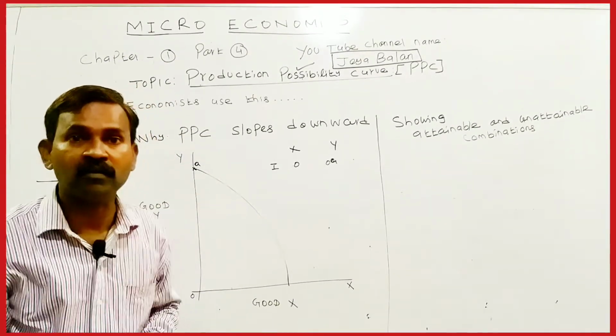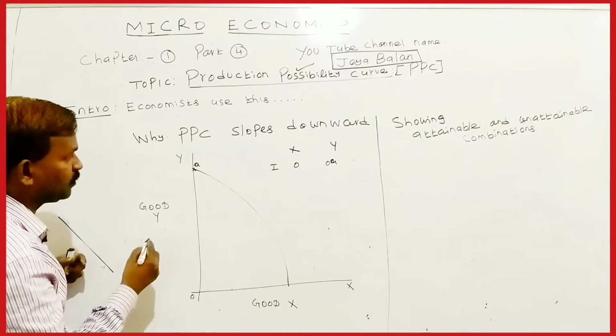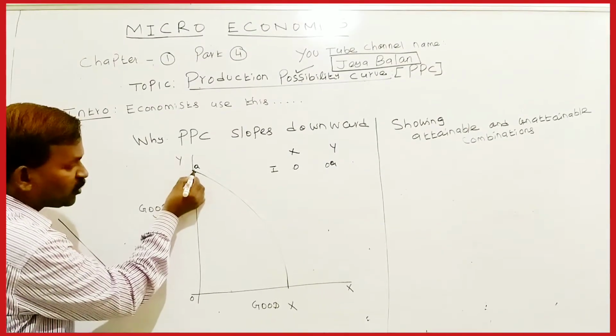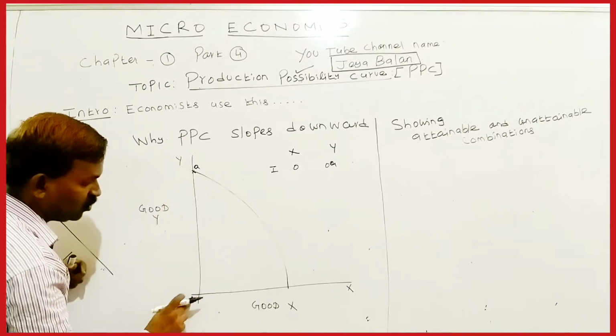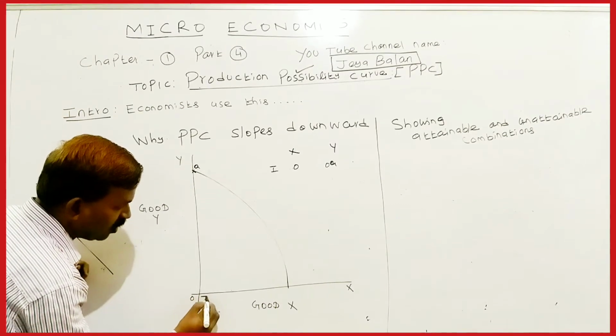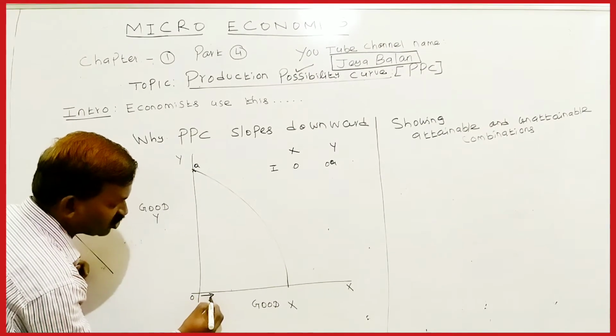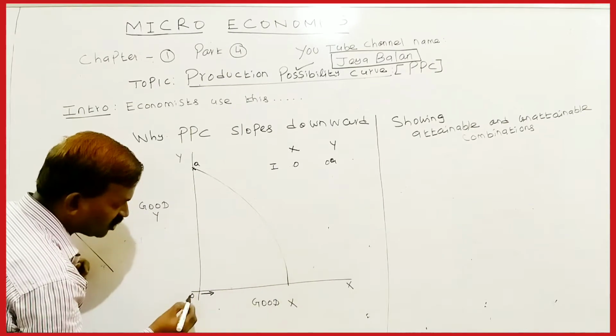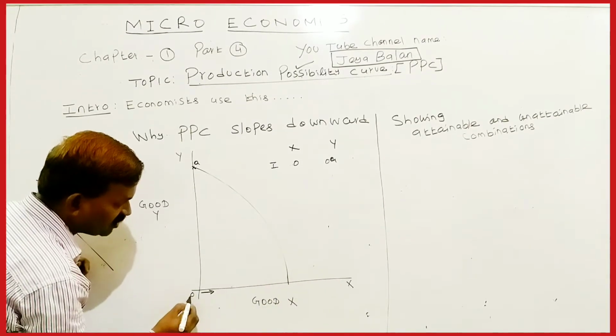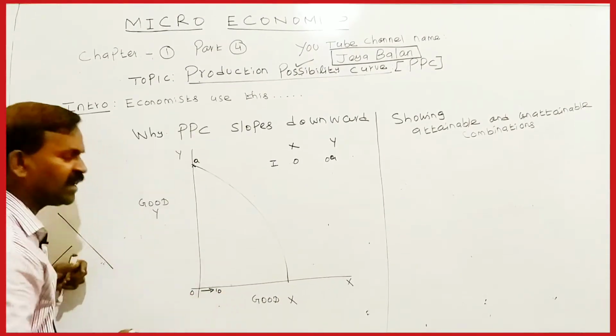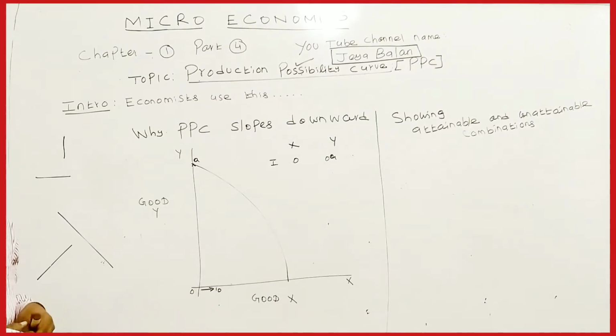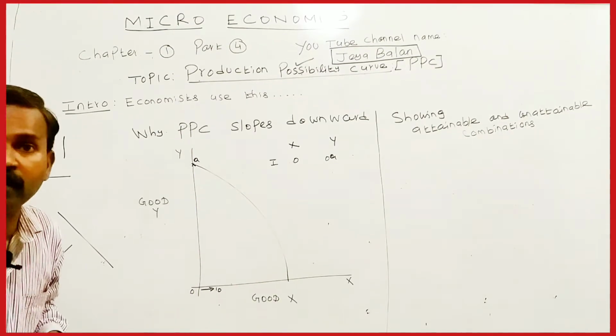And what should happen? For example, at this point, what is the production of commodity X? 0. Now what do you want? You want to increase the production of commodity X from 0, for example, to 10 units. So when can it happen?